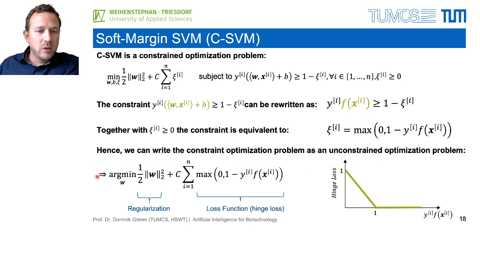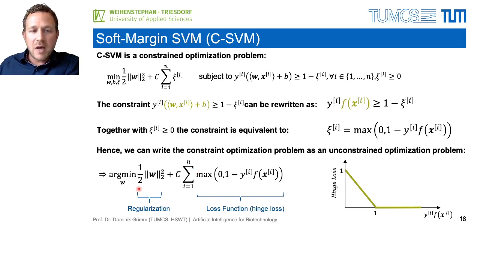We now can compute the minimum with respect to w of 1/2 times the squared L2 norm, plus C times the sum over i to n, so for all the samples, of what we have substituted: the maximum of 0 or 1 minus y times f of xi. And that thing is called the hinge loss.